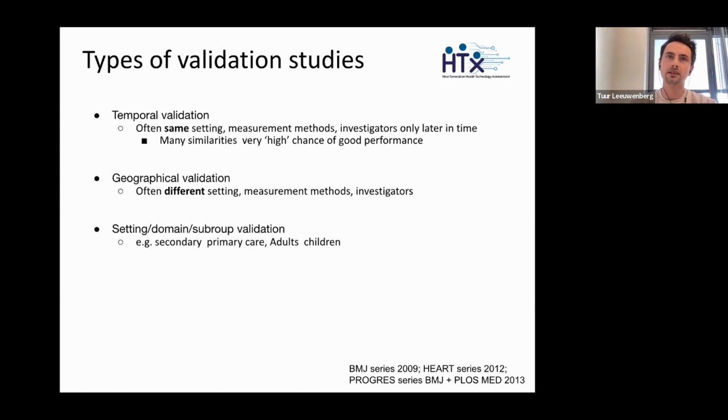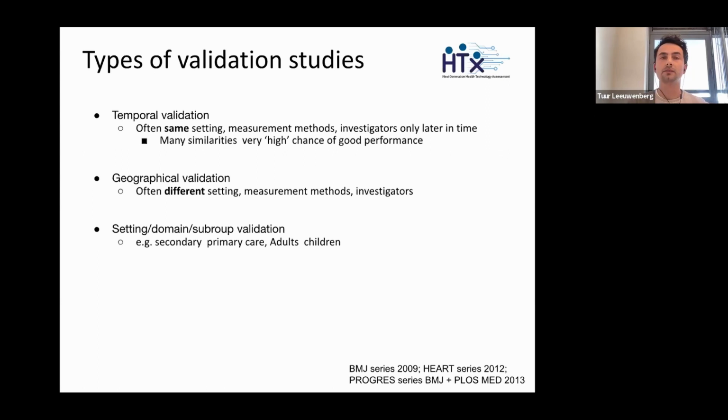So that means you validate in a different time period of data collection than when it was developed. This is called a temporal validation, because it could be that there's still a time effect, and that is then also captured in the validation.